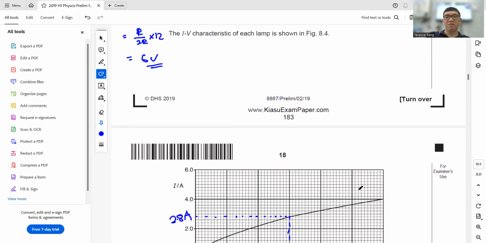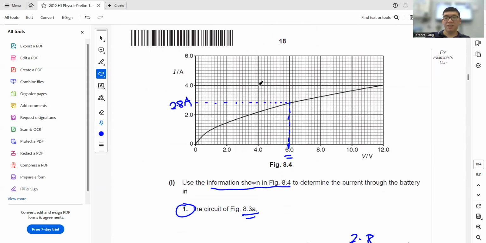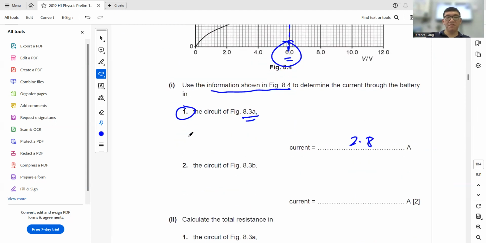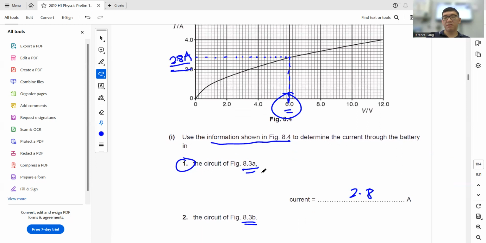Now, why can we do this? Because this is the IV characteristic of each lamp. So all you need to do is find the potential difference across each lamp and then use the potential difference to cross-reference and get the answer. Based on this, for 8.3b, what do you think the answer is? 4 plus 4?